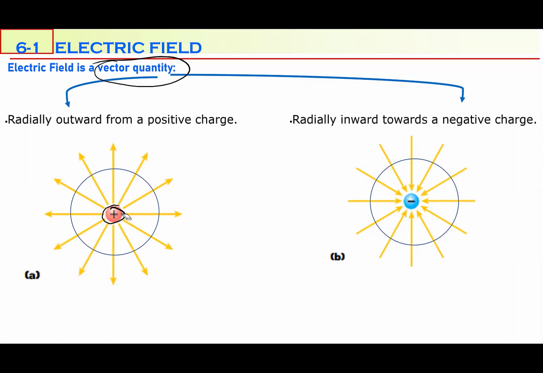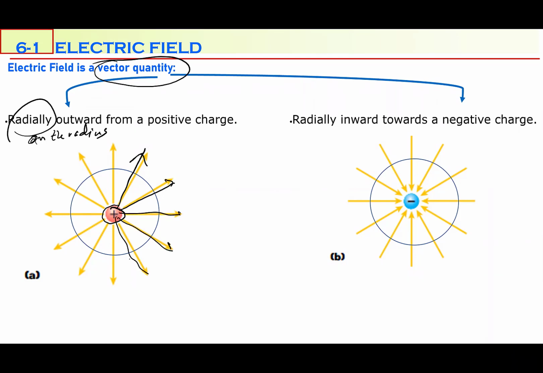If the charge is positive, the electric field is radially outward. What does radially mean? Radially means along the radius. These electric field lines are along the radius of this circle I draw.